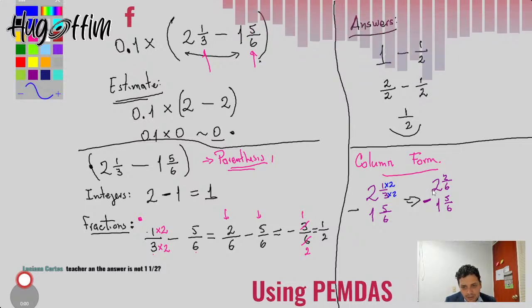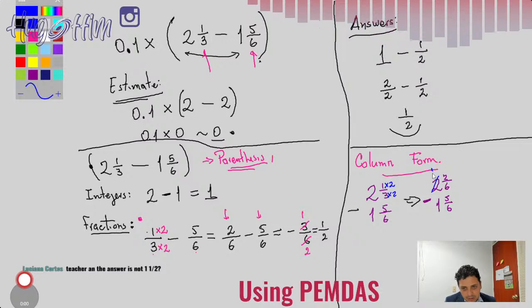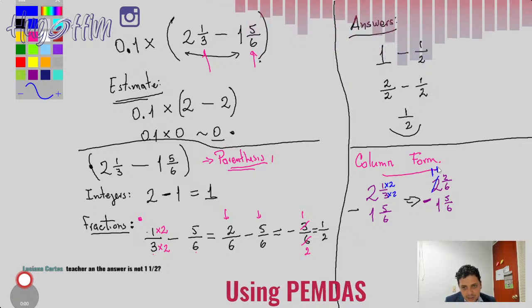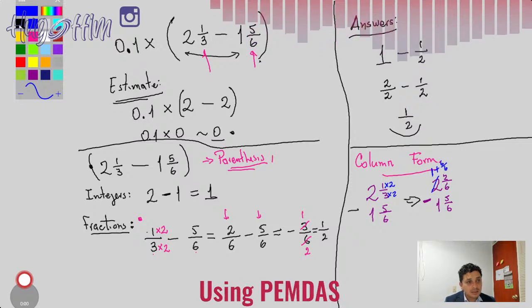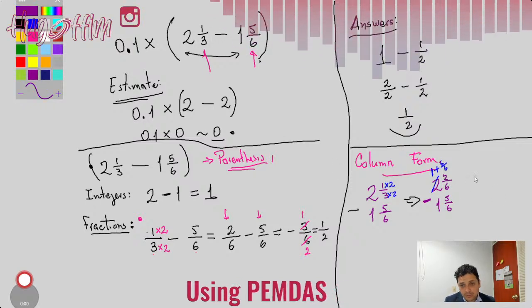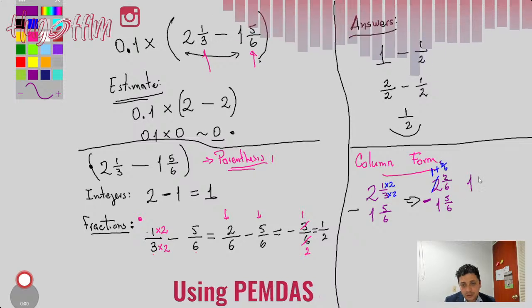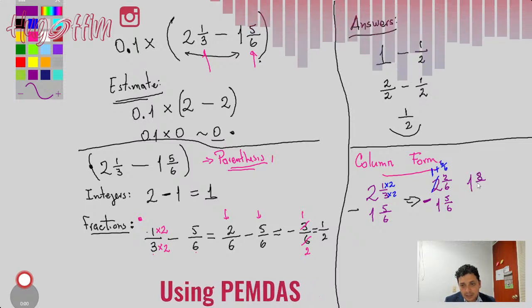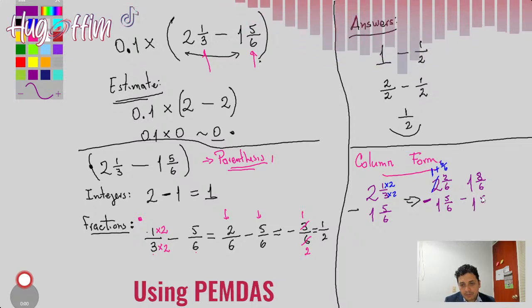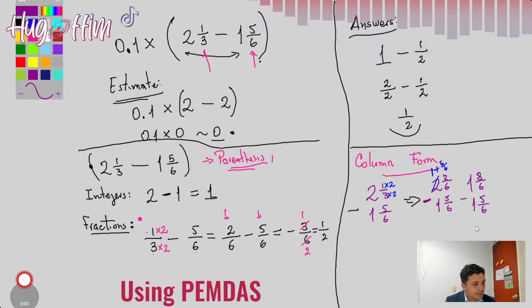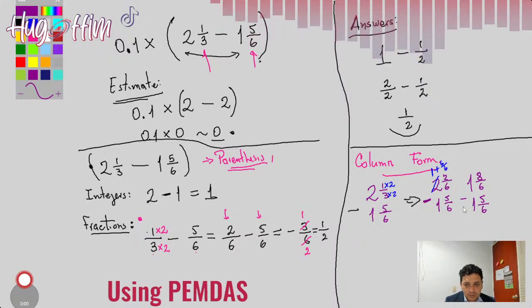This unit is 6 over 6. So 6 plus 2, 8. So the subtraction you need to do is 1, 8 over 6, minus 1, 5 over 6. This is the strategy of column form.